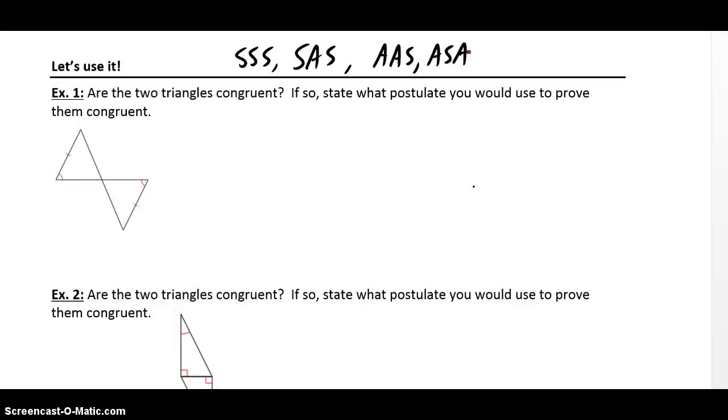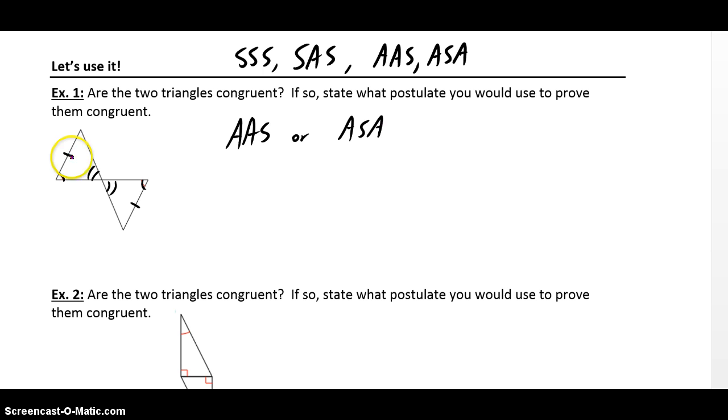So, in this particular triangle, I notice that I have a side and I have an angle in both. Okay? So not really much yet, except, remember, anytime you have the bow tie, we have special angle pair, right? So we actually have 2 pairs of angles that are congruent. So it's either going to be angle, angle, side, or angle, side, angle.